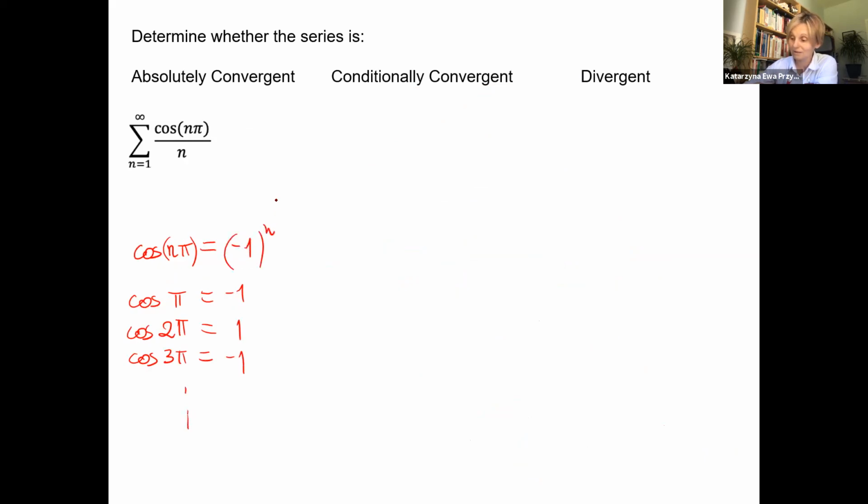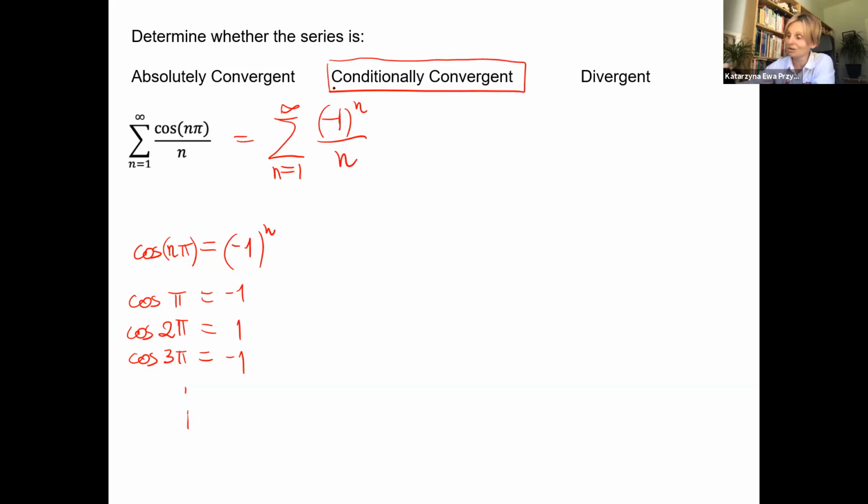And it behaves like that. Yeah, that's the point on this question. Instead of cosine of n pi, you can rewrite as a -1 to the n, and this one is alternating harmonic, and it's conditionally convergent. You can do the test. It is convergent by AST, and absolute value is not convergent. Okay, you can do this, no problem.